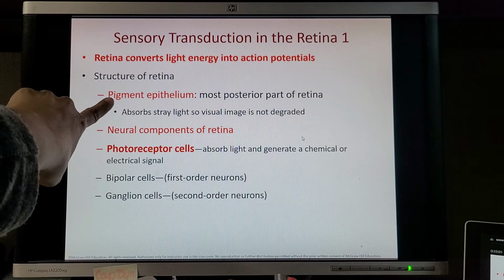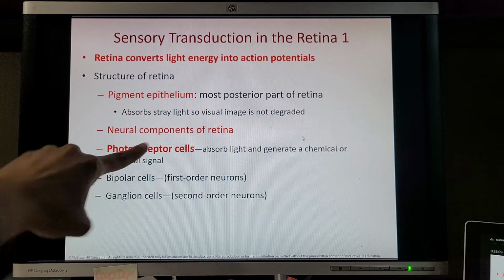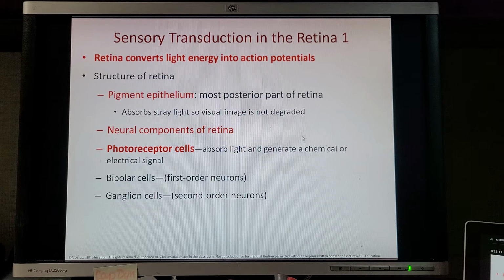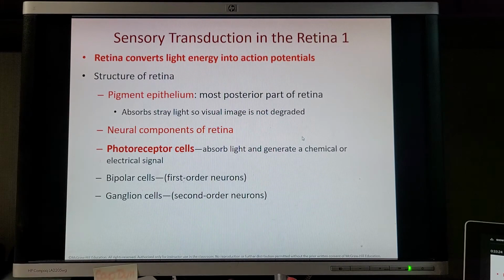We also have a layer of pigment behind there to absorb light, so we're not having stray light bouncing off of something and going back to our photoreceptor cells and re-stimulating them. So we make sure we have a nice, clear picture. Other cells are necessary in that area, but these are the more important ones. We have our bipolar cells and our ganglion cells, which are also just part of the pathway to get to the brain.